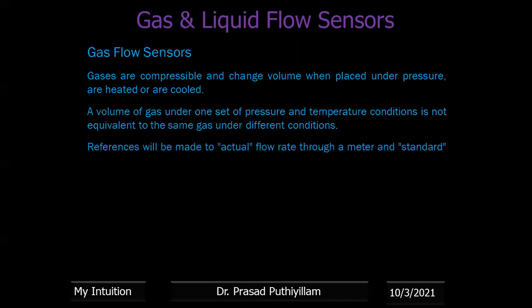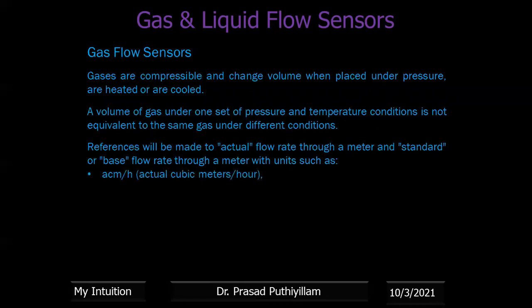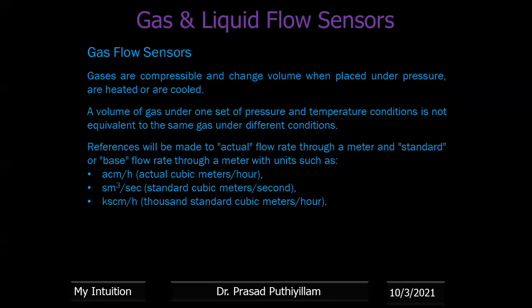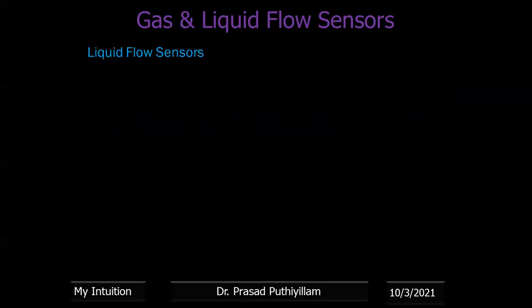Volume of gas under one set of pressure and temperature conditions is not the same as that of a different condition. Therefore, by using a standard or a base, the actual flow rate can be measured and recorded as actual cubic meter per hour, standard cubic meter per second, 1000 standard cubic meter per hour, linear feet per minute, or even million standard cubic feet per day.